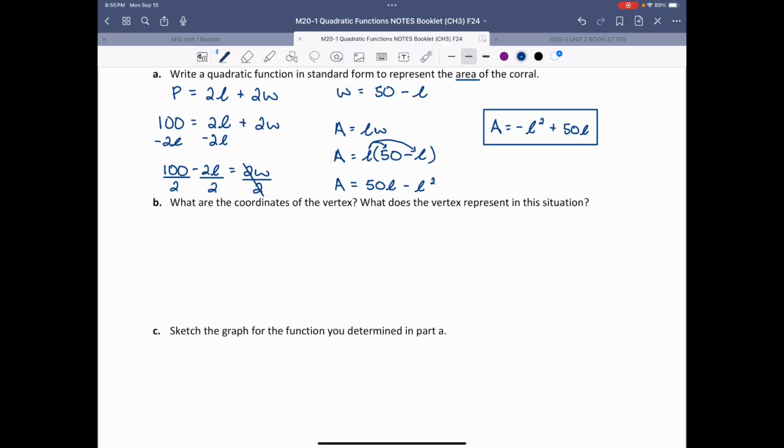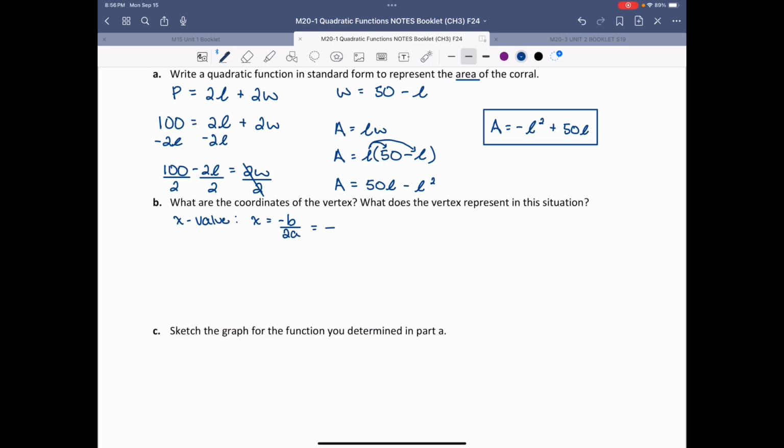Part B, what are the coordinates of the vertex and what does the vertex represent in this situation? Let's do this one algebraically. We'll do it algebraically and graphically. So remember from yesterday, to algebraically find the x value of the vertex, we use the formula x equals negative b over 2a.